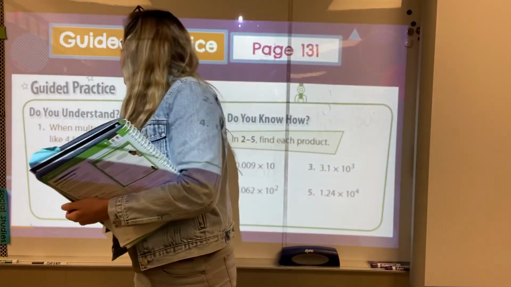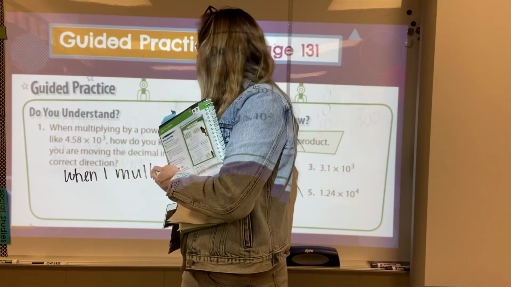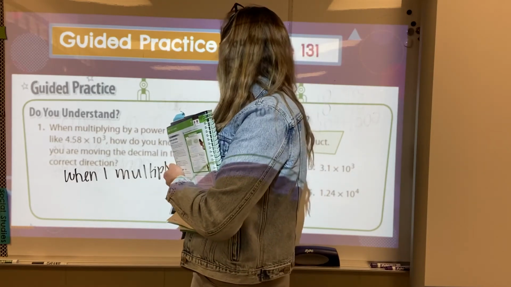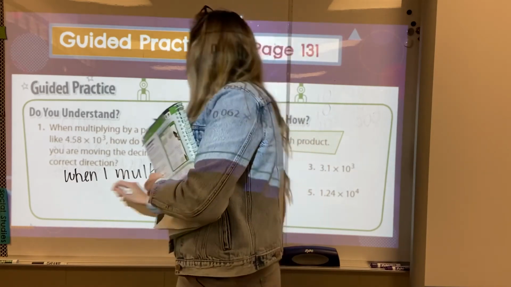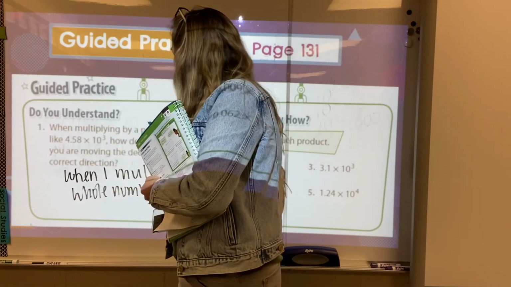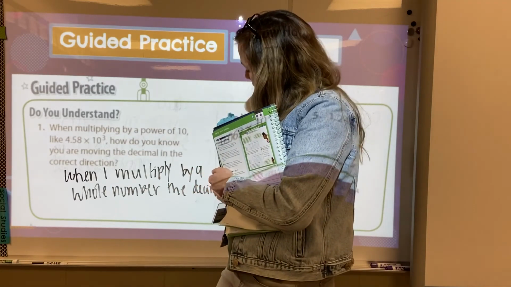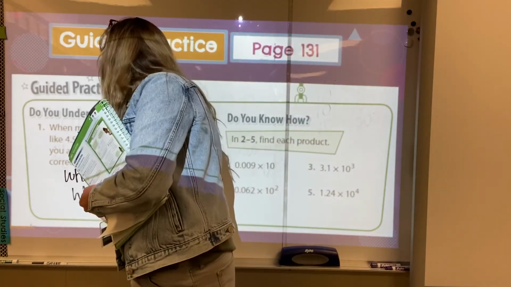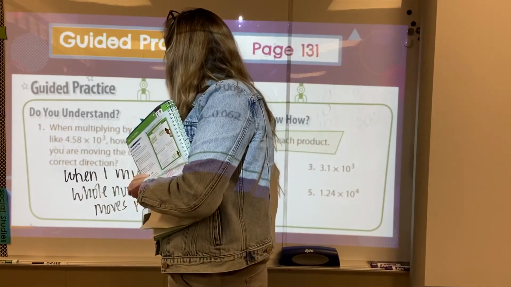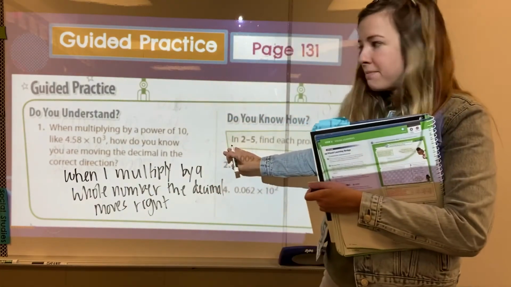So when I multiply, really, it's when you multiply by a whole number, the decimal moves over to the right. So you can pause the video, fill that in there.